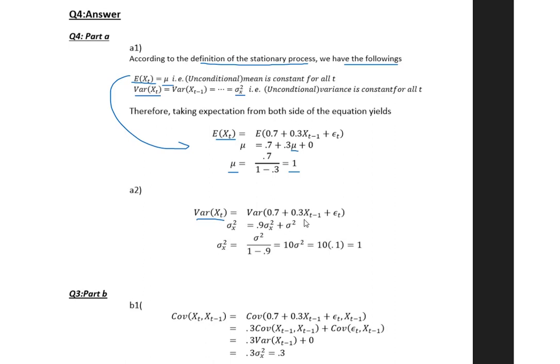After expanding it and remembering that variance of xt is equal to variance of xt minus 1, and all of them will be equal to this sigma x squared, and replacing it, and again remembering that we need to plug in the equal value of the variance of epsilon here, and solving for sigma x squared, it's going to be 10 sigma squared, and plugging in the value given in the solution statement for sigma squared, finally we obtain that the variance of xt is equal to 1.